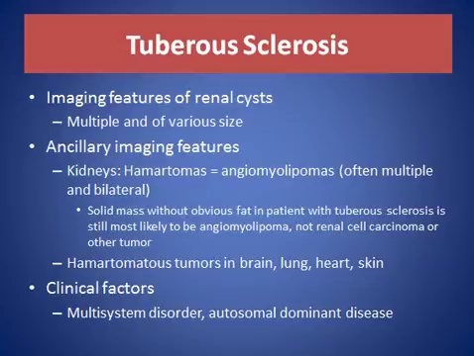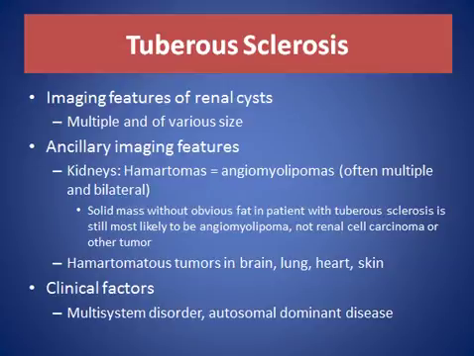Tuberous sclerosis, imaging features of renal cysts: multiple and various in size. An auxiliary imaging feature in the kidney: you have hamartomas and angiomyolipomas, often multiple and bilateral.